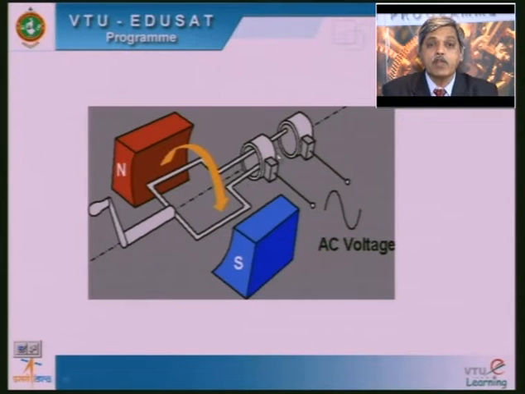Therefore, a voltage will be induced. That voltage induced can be connected at the terminals of the slip ring on which the two brushes are placed. As the coil rotates, the slip rings also rotate. Therefore, the polarity of the voltage induced available at the terminals will be alternating. In AC voltage we get this.